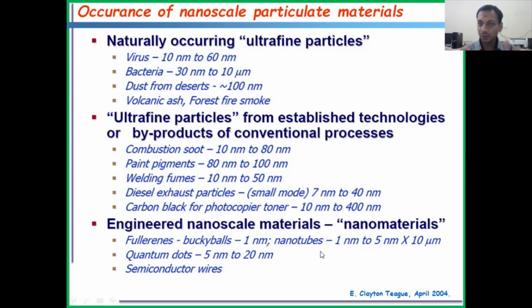You can talk about nanotubes as single wall as well as multi-wall. So it varies, but in general, the nanotube has a 1 nanometer to 500 nanometer size, and length is also there for the nanotube. Semiconductor wires are also there. So there are different materials in the nano world which have nanoscale dimension.